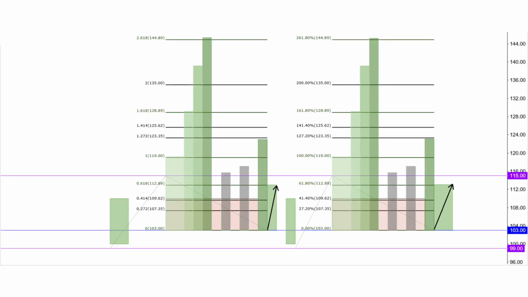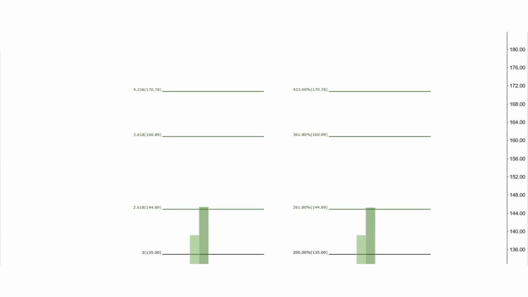Except instead of starting from point 1, the fib levels start from point 3. As would be expected, the proportions between the levels still stay the same, but the distance in terms of the price range of the increments between the levels increases even more.